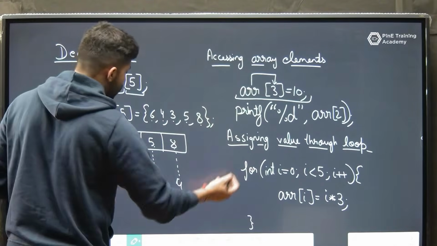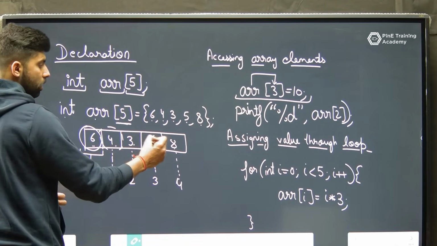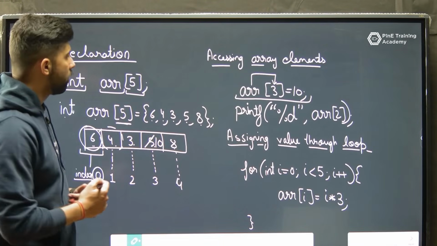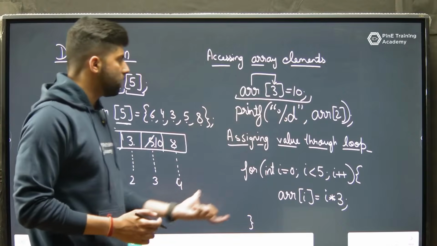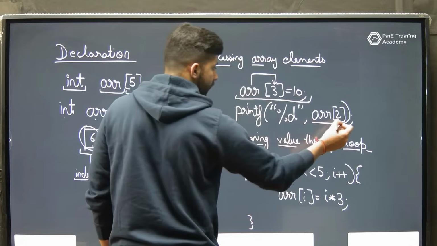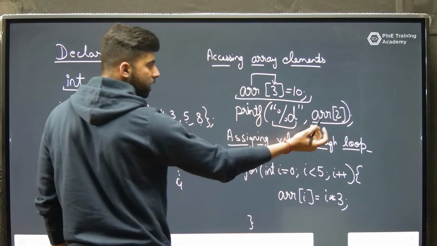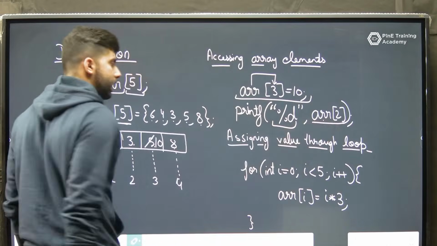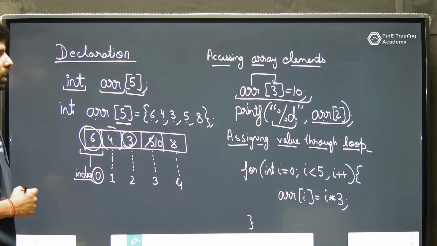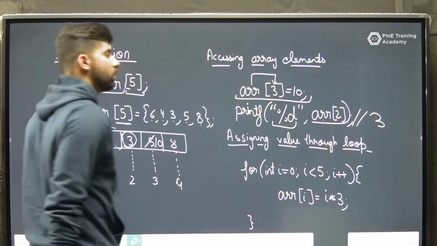So at array index 3, the value will be replaced by 10. If I want to print an element of an array, I can write like this. I've used the format specifier for integer, and the element at index 2 will be printed. On index 2 we have the value 3, so this will print 3.